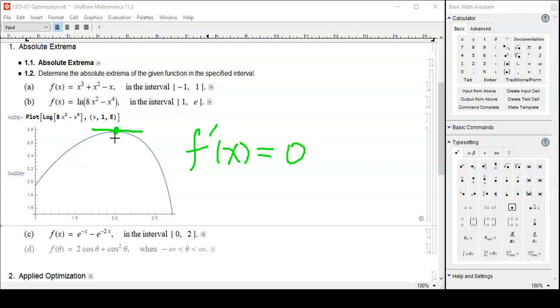That's what I have to do to find out the absolute maximum. Now to find out the absolute minimum, it's right here. So f of e, that's the absolute minimum. And this is no big deal. It's just calculation work. And this one, that's a big deal. Take the derivative and set it equal to 0. That's an equation. That's a derivative computation using the chain rule. That's a big deal.